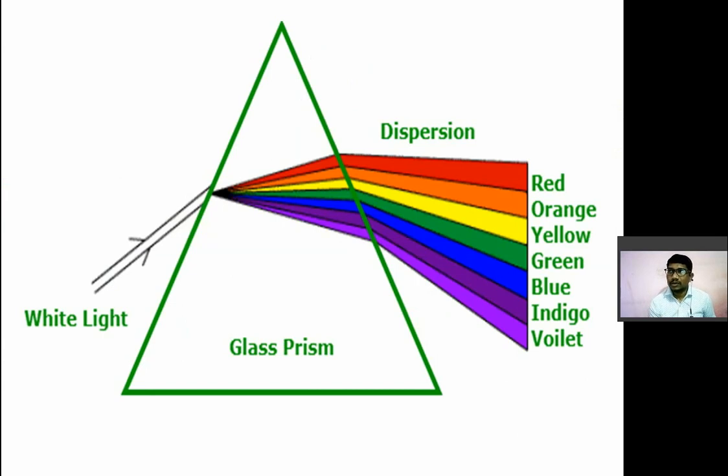So particular spectroscopy deals with a particular type of radiation. Like for example, in NMR spectroscopy you use radio frequency beams. In case of infrared spectroscopy, you use infrared radiation.